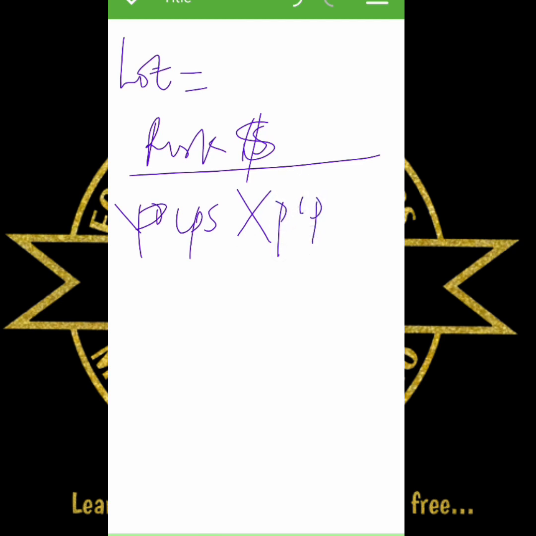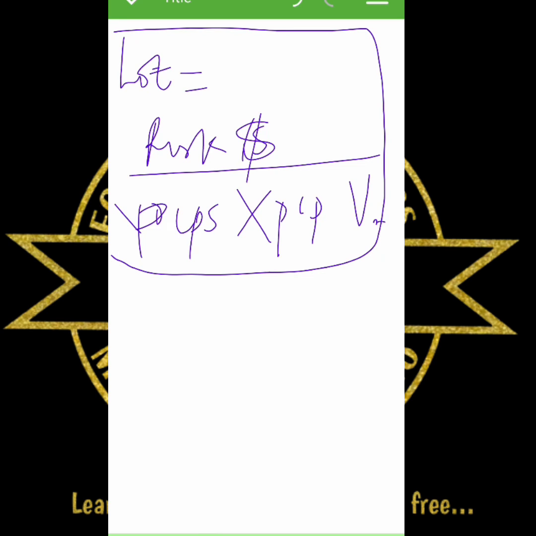Please pay attention. Times pip value. Now the question is, what is pip value? We'll be looking at them one by one. For the purpose of understanding, this is the risk formula: risk amount over pips times your pip value.